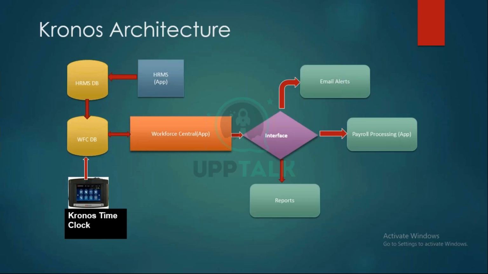What information gets sent to payroll is the hours that an employee has worked, in which pay code, and the amount for it. You can also create reports other than the reports already in the system. You can create new reports based on the Workforce Central suite, and you can also use interfaces to create email alerts.